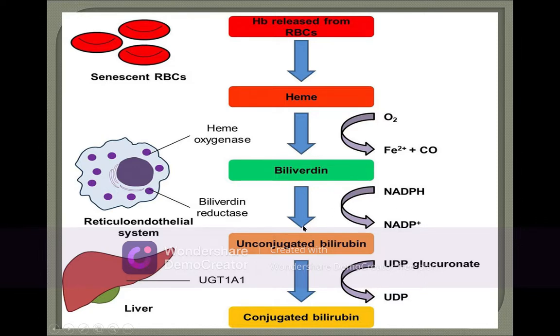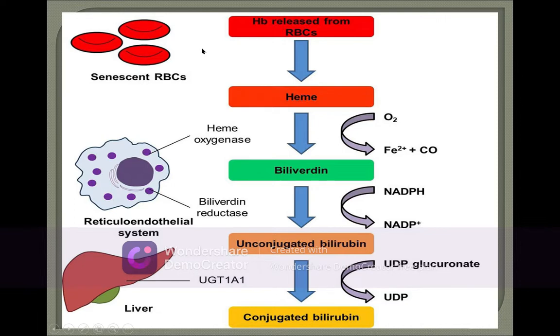The biliverdin entering the liver is in an unconjugated form, and it needs the enzyme UDP glucuronyltransferase, which I already mentioned. The unconjugated bilirubin will then be conjugated. It is called conjugated bilirubin, and the cycle repeats as I said previously.